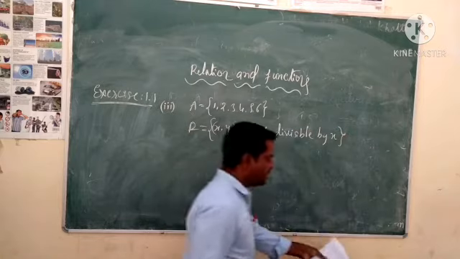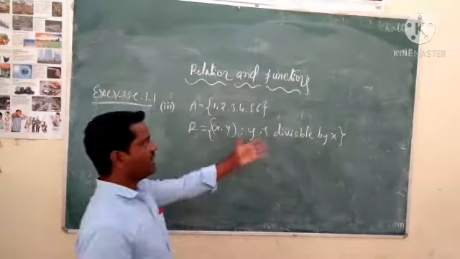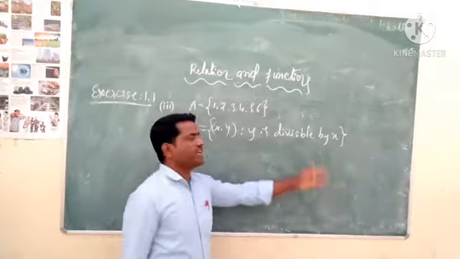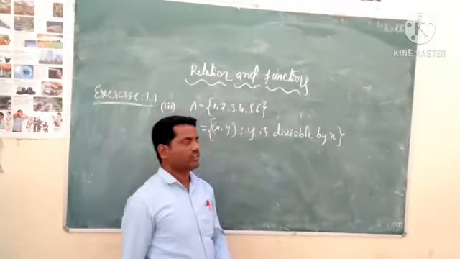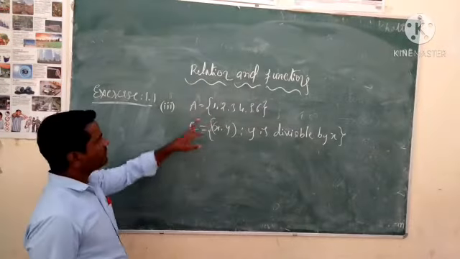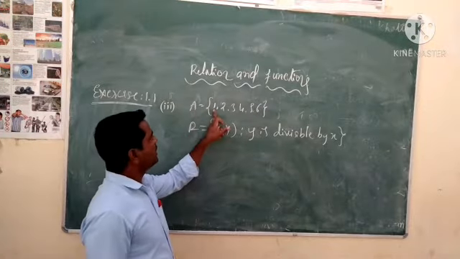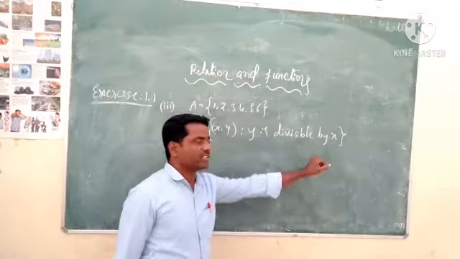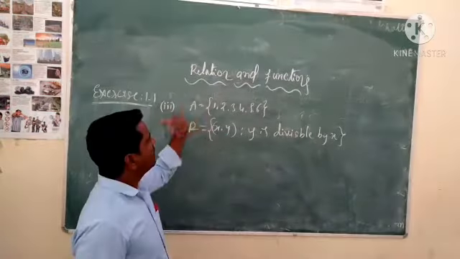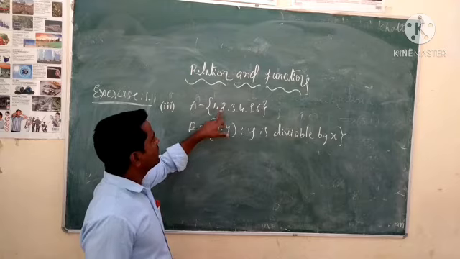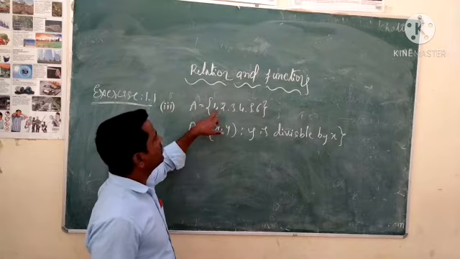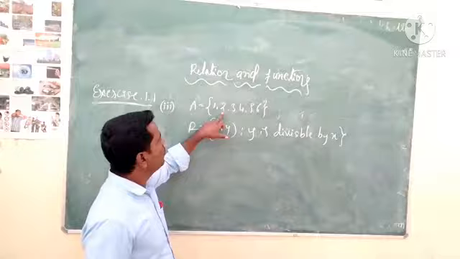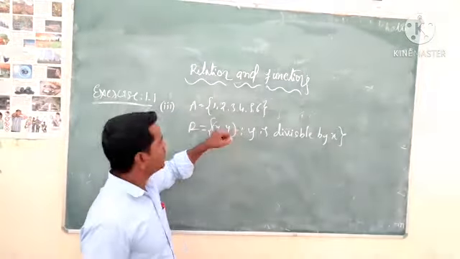We can take any number for y or x, but y should be divisible by x. If x value is 1, y is divisible by x. If x is 1 and y is 2, 2 by 1 equals 2.